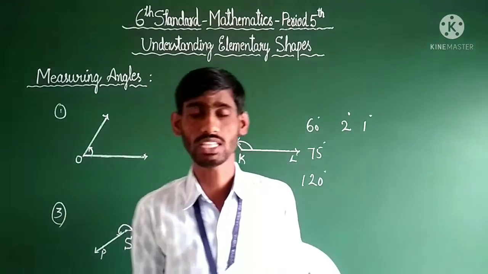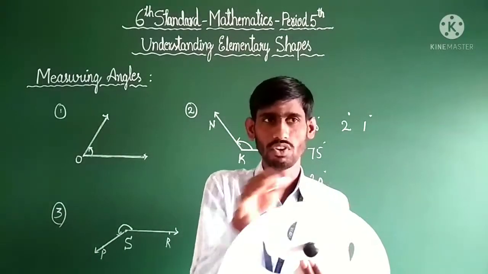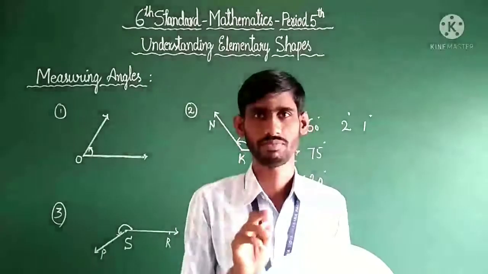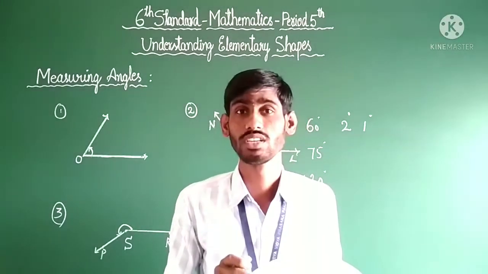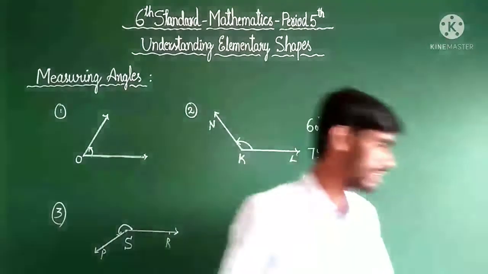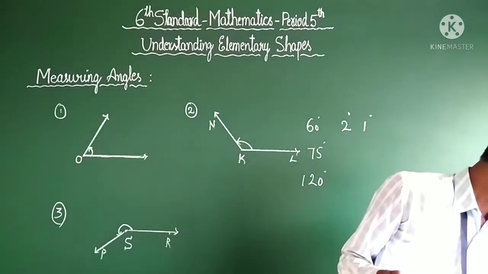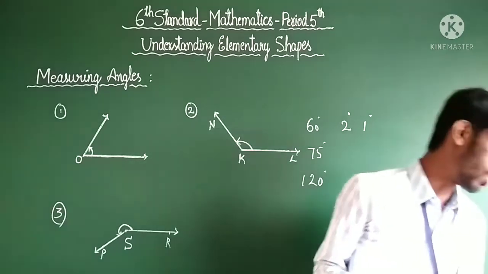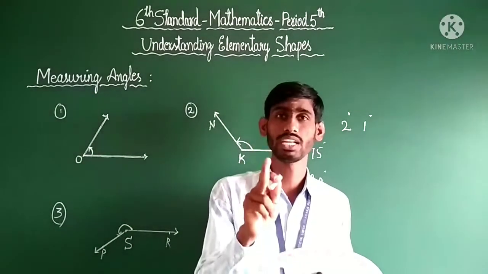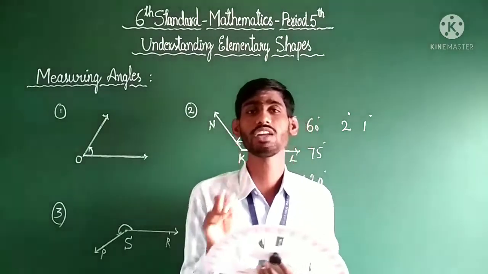See, the half revolution is nothing but straight angle. It is 180 degree. Full revolution is 360 degree. Yes, there is a question in the textbook. Dear children, how many degrees are there in a half revolution?